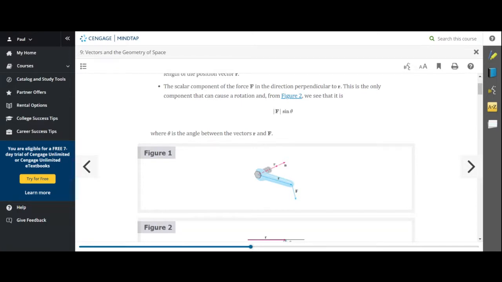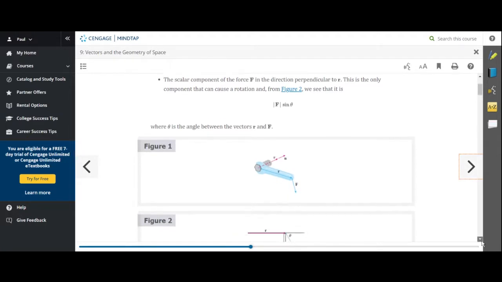dependent on the magnitude of your wrench vector R, the magnitude of your force vector F that you're applying, and it's also dependent on the angle at which you're applying your force.